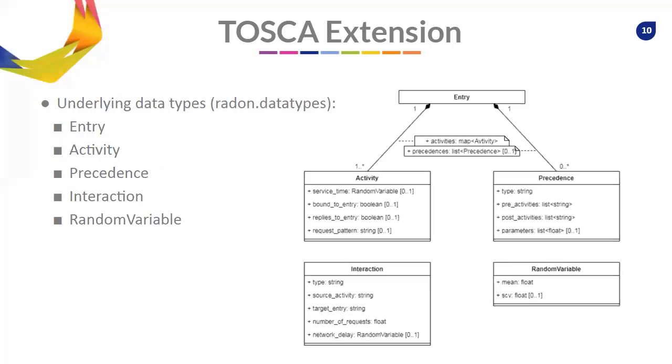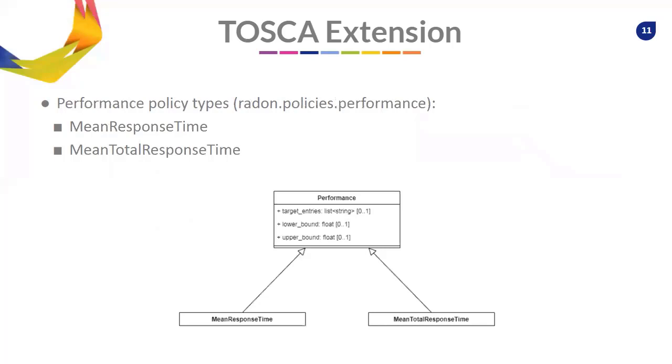We have also developed a specific set of data types to support these two special properties. Two performance policy types, mean response time and mean total response time, are also introduced in order to specify performance requirements in TOSCA.